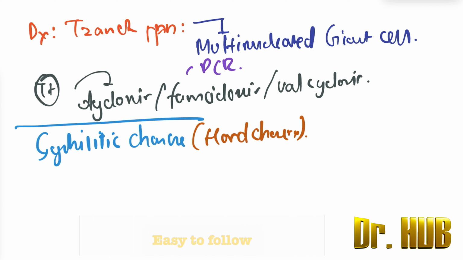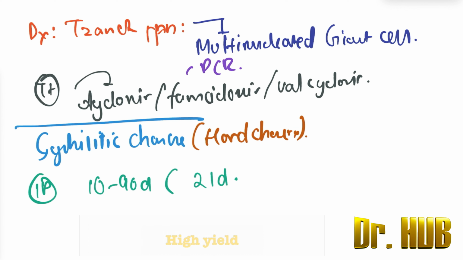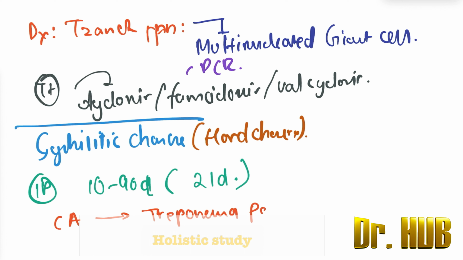Then comes the IP. The incubation period is 10 to 90 days, with an average of 21 days. Then what about the causative agent? It is Treponema pallidum.